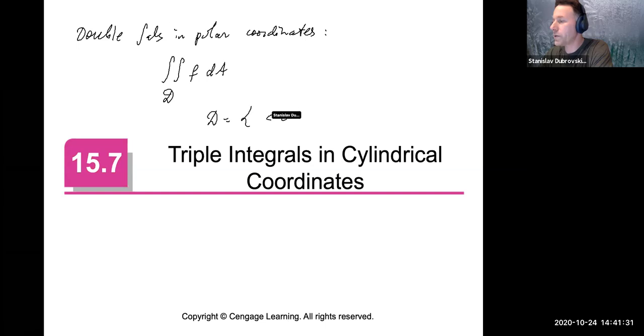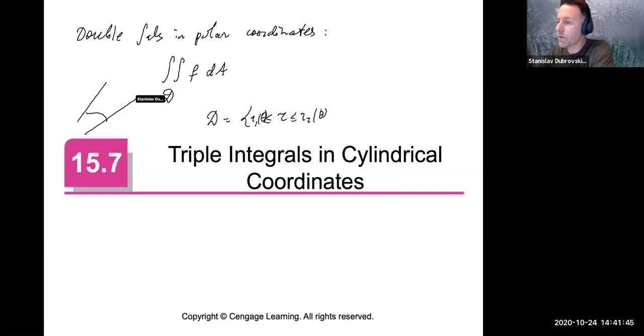R would be a type 1 polar region between, say, r1 of theta and r2 of theta. I'm talking about a curved circular sector: r1 function of theta, r2 function of theta, and theta is in between alpha and beta.